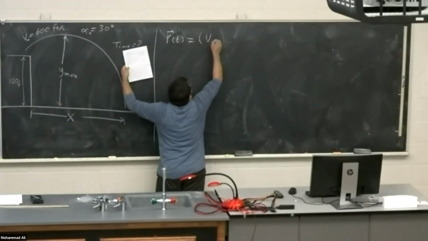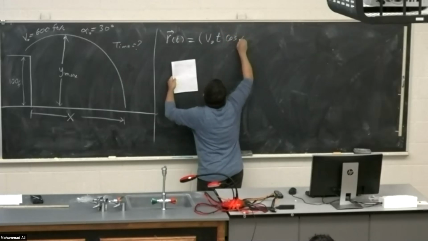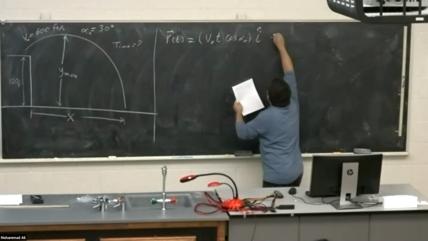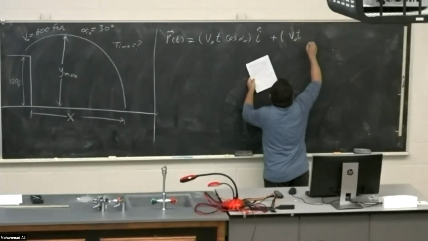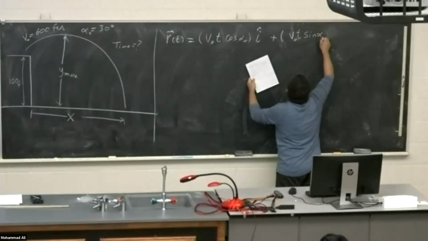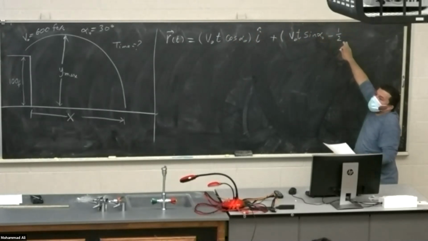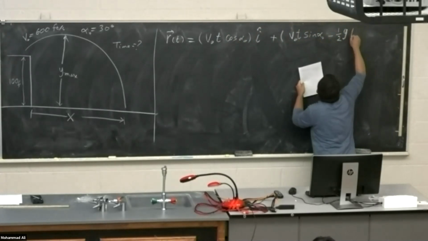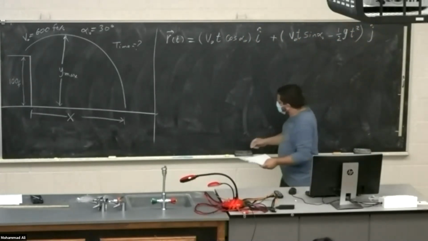It is v naught multiplied by time, cosine alpha naught, in the i hat direction, plus v naught multiplied by time, sine alpha naught, minus 1/2 g t squared. I put the minus directly. Now you can put g equal to 9.8 directly also. All of this in the j direction.